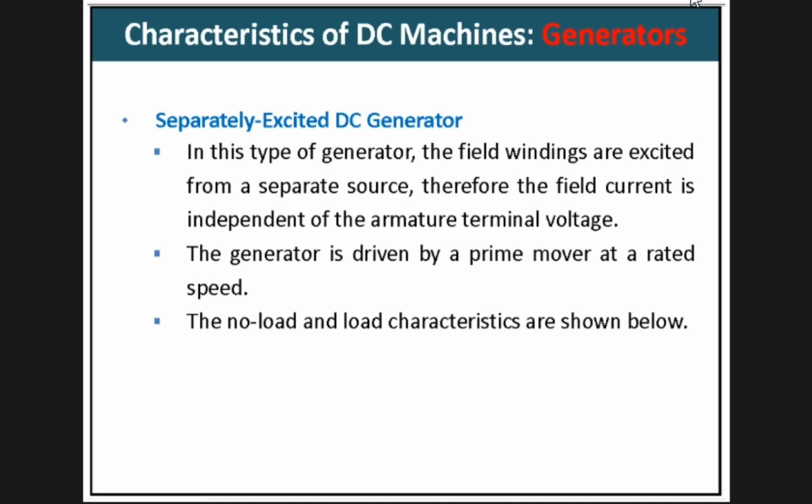Separately excited DC generators, their armature terminal voltage is independent from the field current because they are separated, and the generator is driven by a prime mover at a constant speed. So the no load and load characteristics is shown here in the next slide.